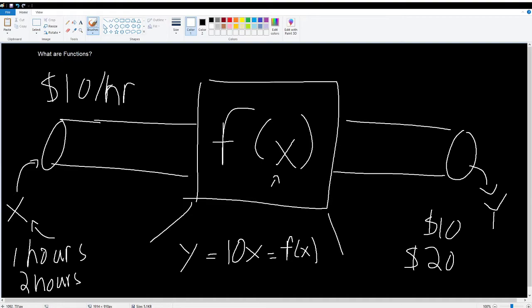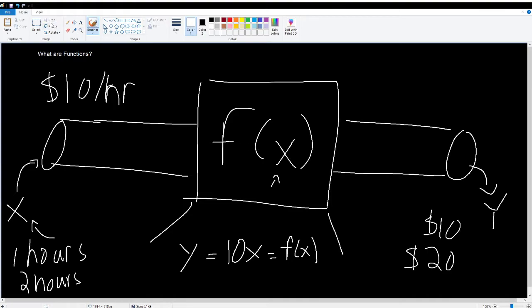You shove in this input or this variable to find its output. Your output is f of x or y. Both of them are pretty much the same thing, and the importance of having it written as this is that this is a function of x, meaning it depends on x.